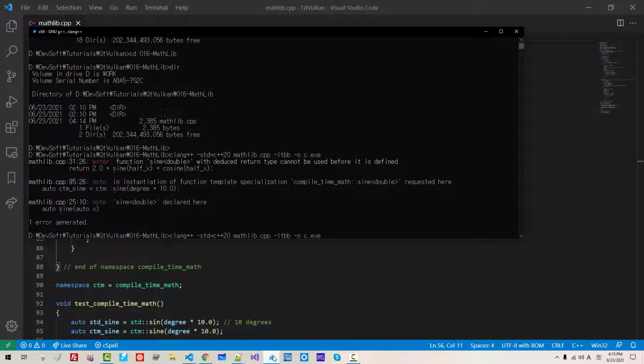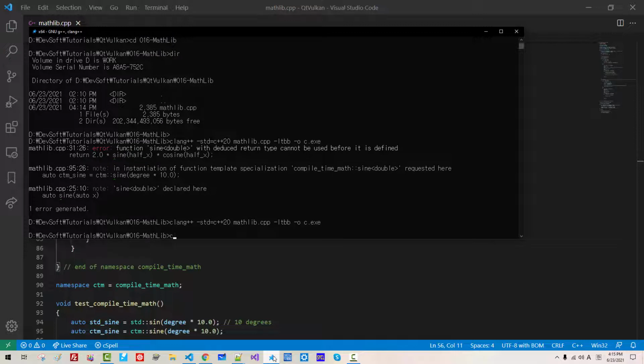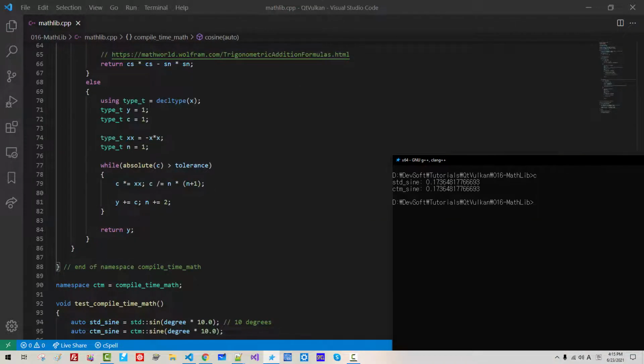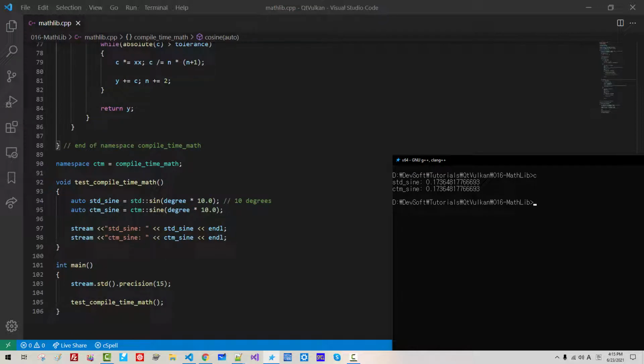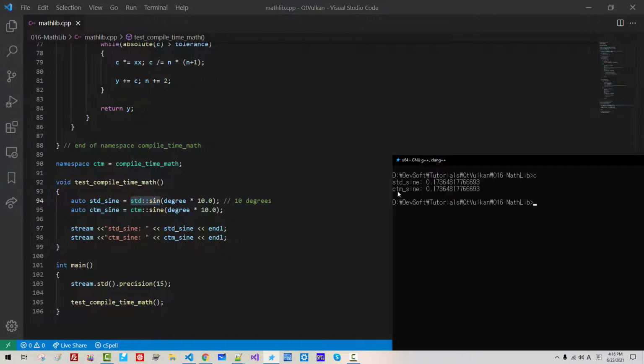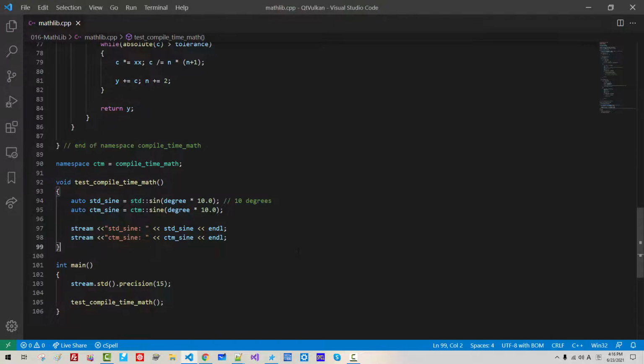We build again. So std sine, we use the C++ runtime function. ctm sine, we computed by ourselves. They are exactly the same.